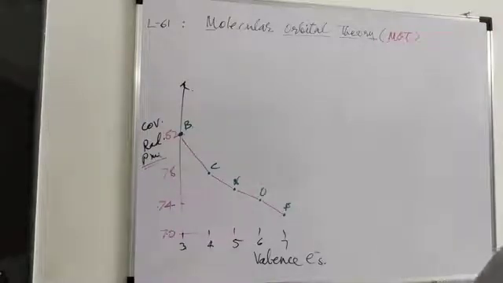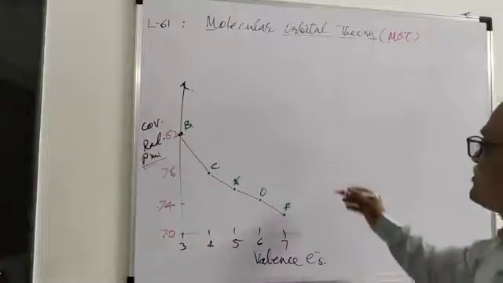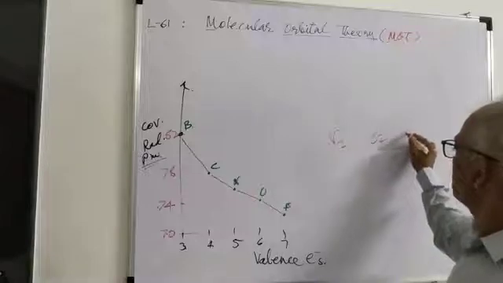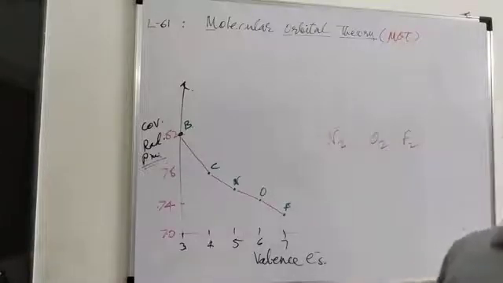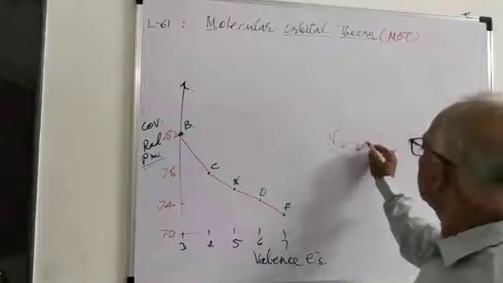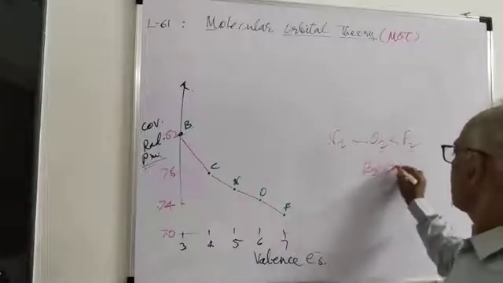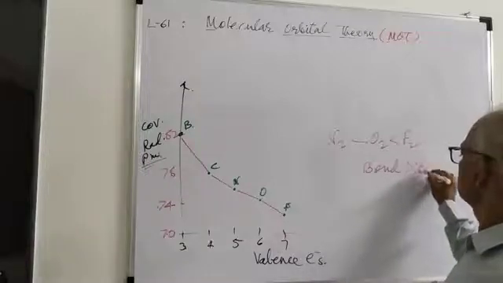But if we see the bond distance between nitrogen, oxygen and fluorine, you will find that the bond distance has an order like this. This has the order of bond distance.